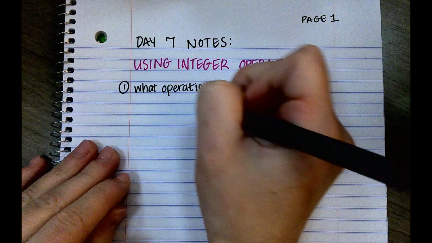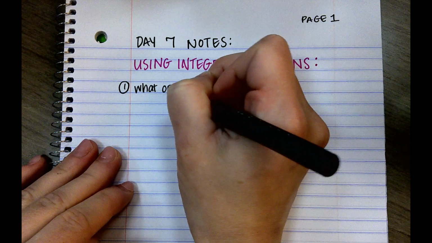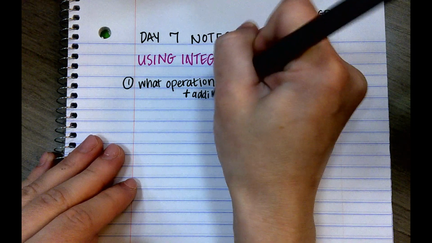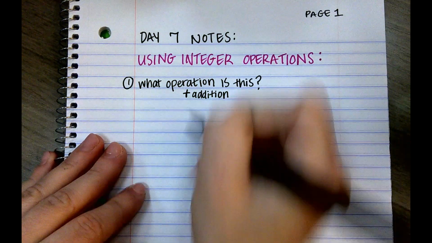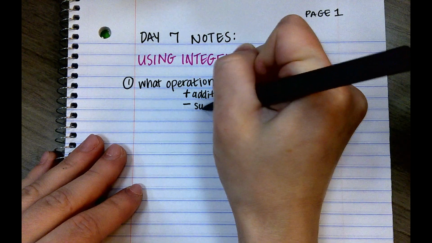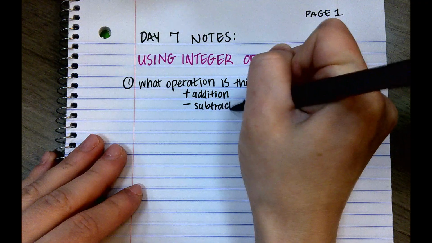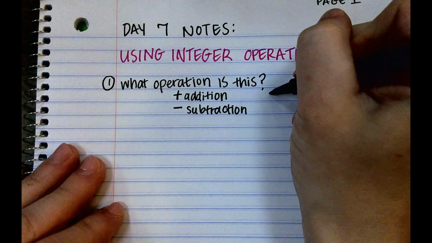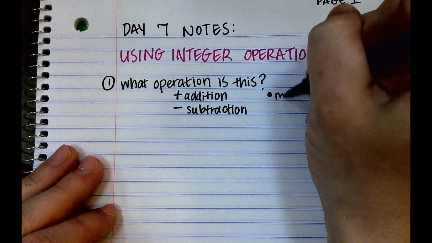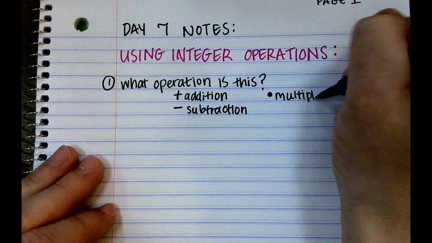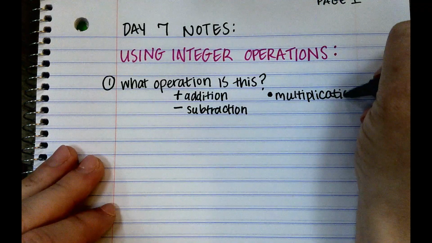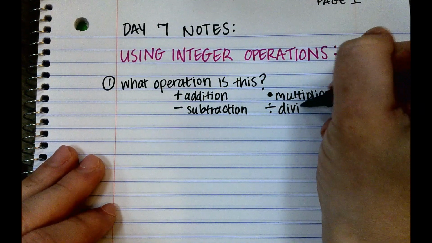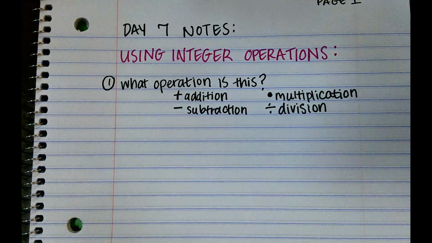For example, there's a plus, addition. There's a minus, subtraction. If we have the dot, that's our multiplication. And our division symbol, that's division.